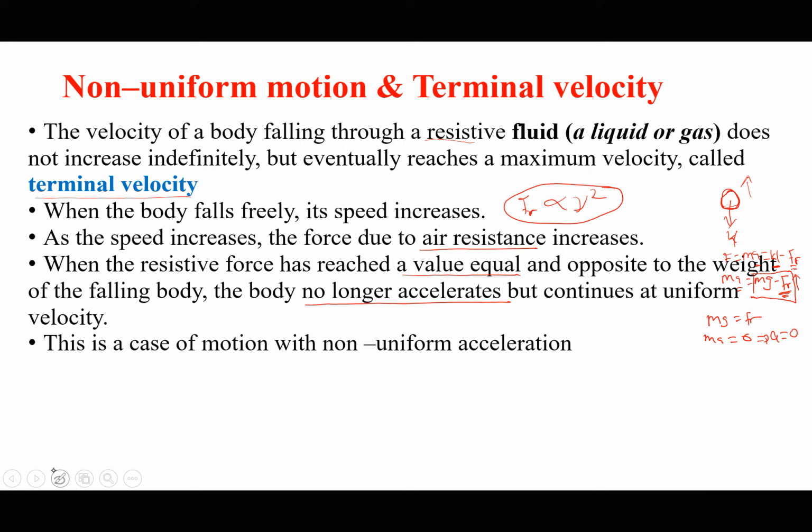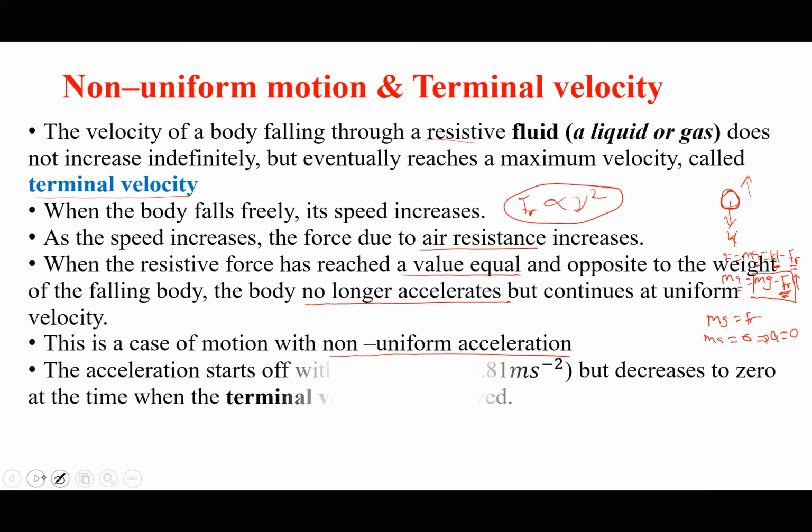This is the case of non-uniform acceleration. The acceleration is not uniform because it was decreasing, it decreased to zero. Before, we start with an acceleration of 9.81 if it was falling in air close to the Earth's surface, but then finally it decreases to zero.